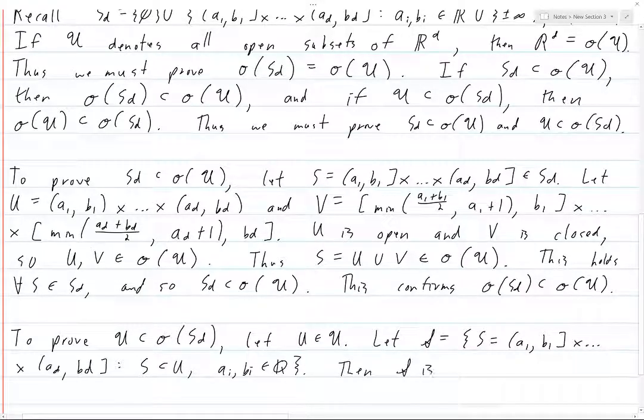Then script S is countable, because each element of S is determined uniquely by the endpoints of its intervals, and there are finitely many of them, chosen from a countable set, and therefore there are only countably many such sets.